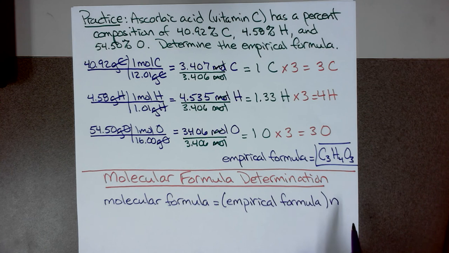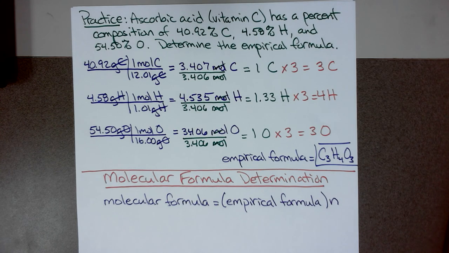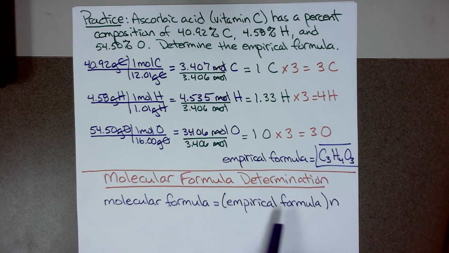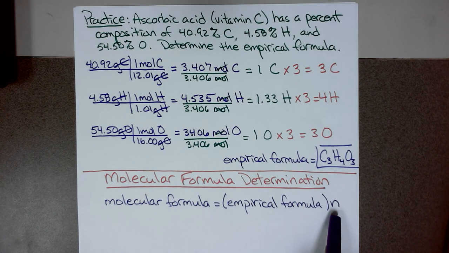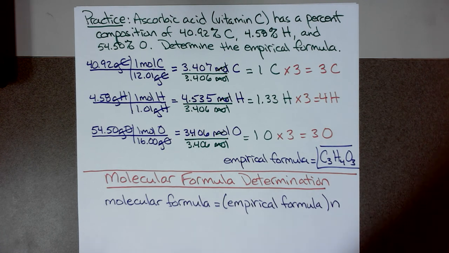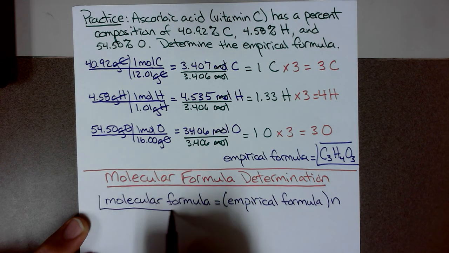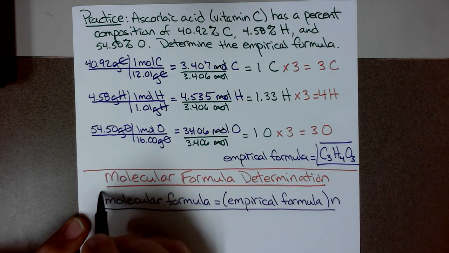Okay, that's a whole number multiple. So let's say I had an empirical formula of CH, and I multiplied it by 6, then my molecular formula would be C6H6. So the molecular formula is the empirical formula times a whole number multiple. Now, this is kind of an important concept here. Let's put a square around it.